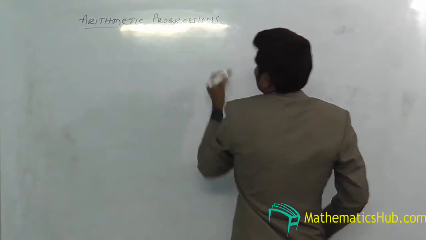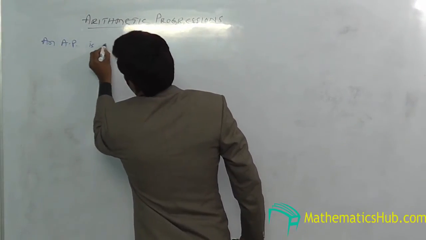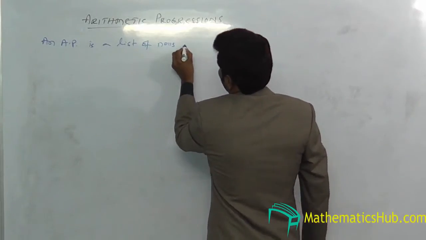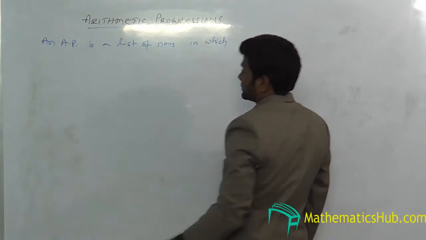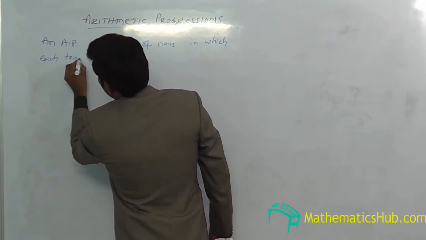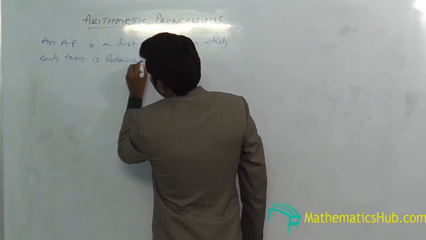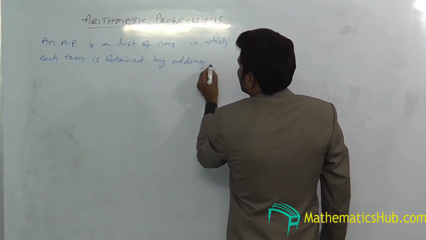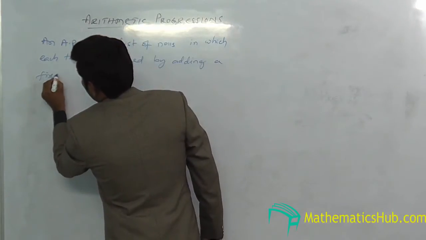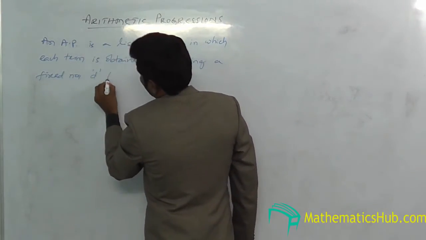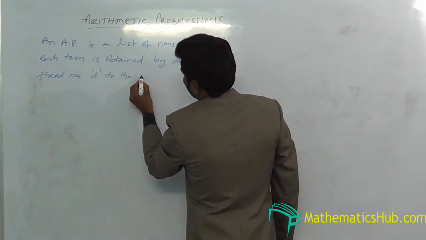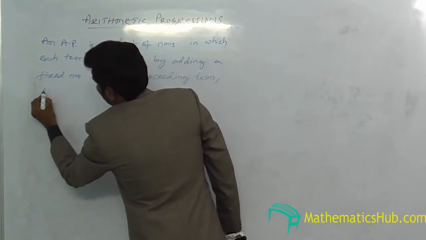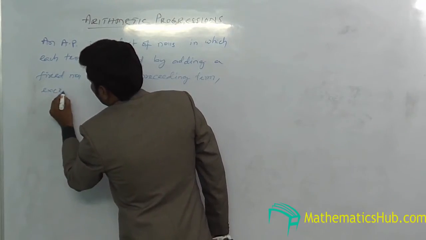Arithmetic progression. An arithmetic progression is a list of numbers in which each term is obtained by adding a fixed number d to the preceding term, except the first term.